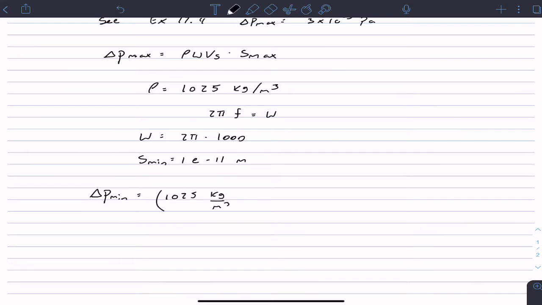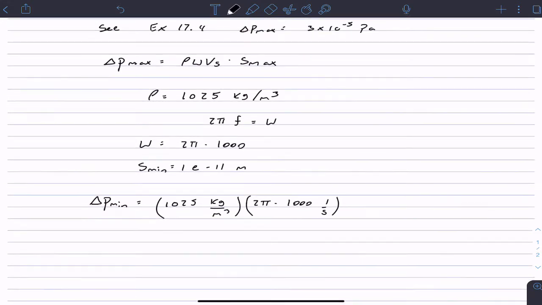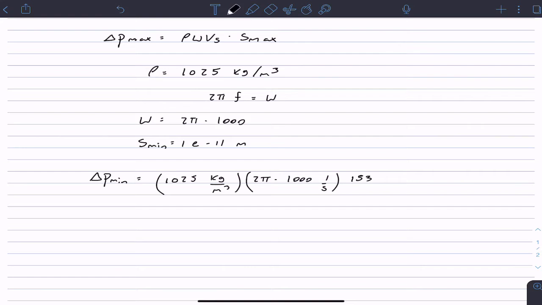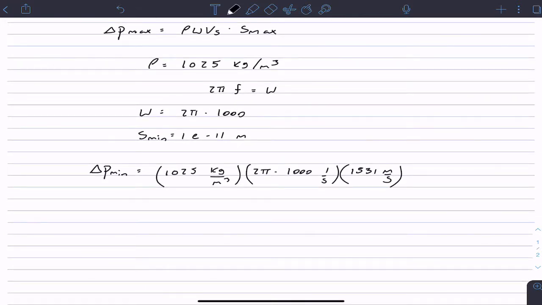So we have 1025 kilograms per cubic meter times the angular frequency. Remember, this is 1 over seconds. And that's going to be times the speed of sound, which was 1531 meters per second. And then times 1 times 10 to the negative 11 meters.